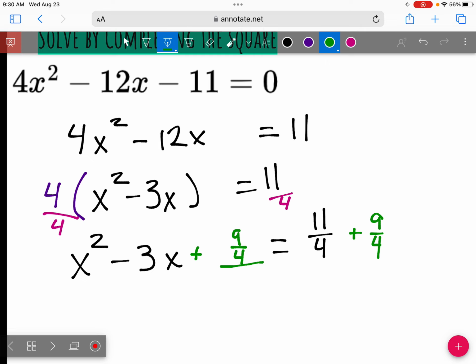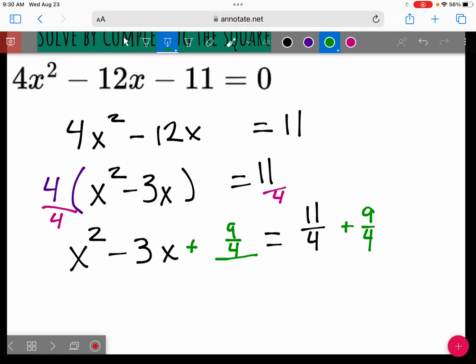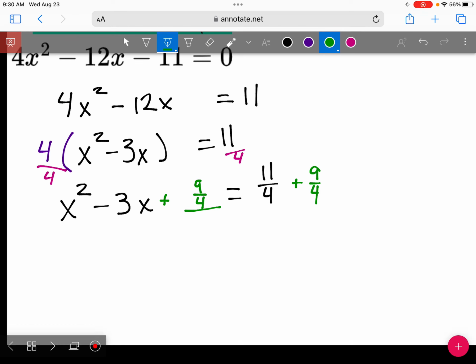That is the trickiest part to remember. k over 2, squared. That gives us our factored form of x minus, watch out for this sign here, 3/2 squared.